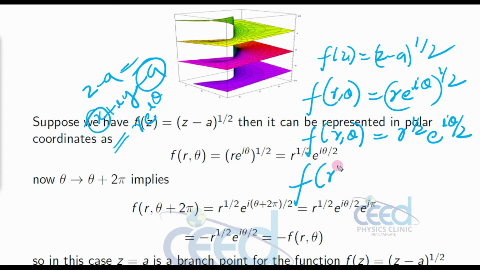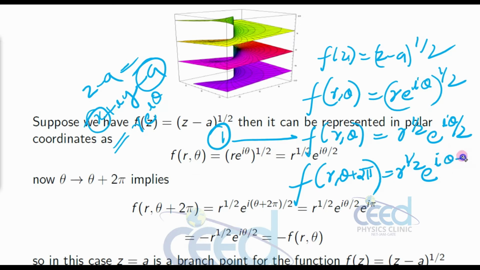Then f of r, theta plus 2 pi, I can write as r raised to 1 by 2 into e raised to i into theta plus 2 pi whole divided by 2, right? So I can simplify this as f of r, theta plus 2 pi, that is equal to r raised to 1 by 2 into e raised to i theta by 2 into e raised to i pi, right?